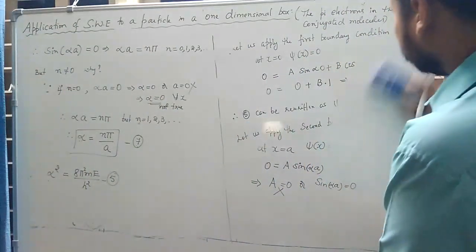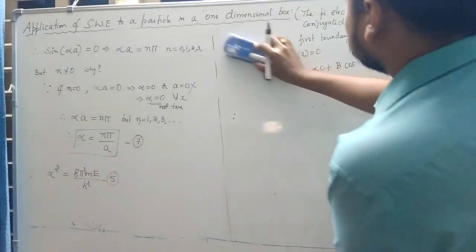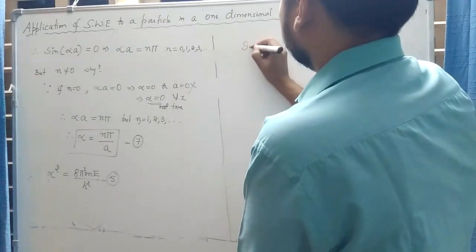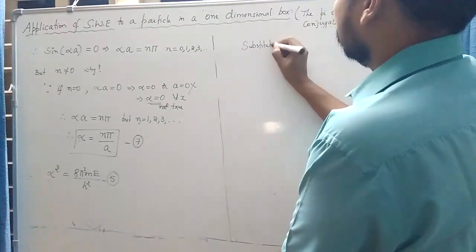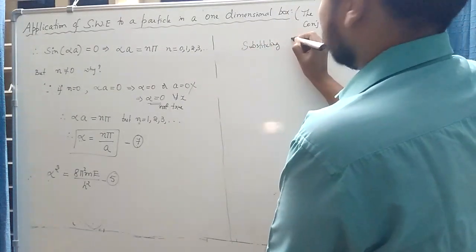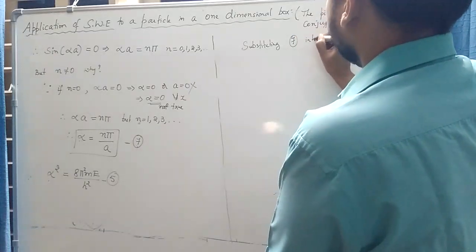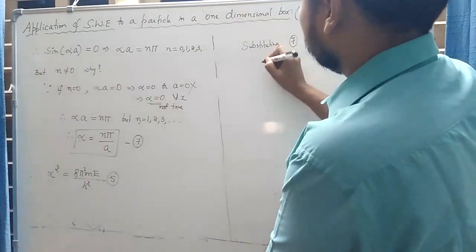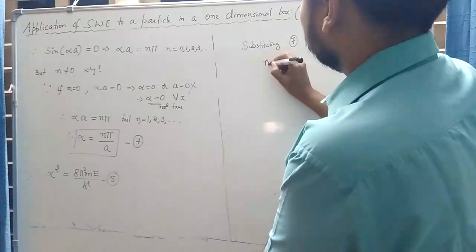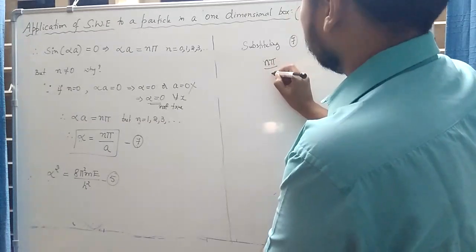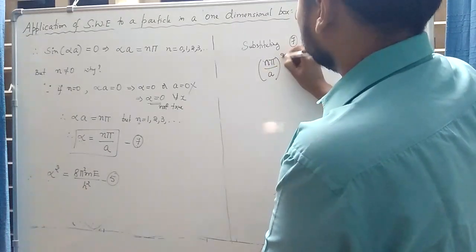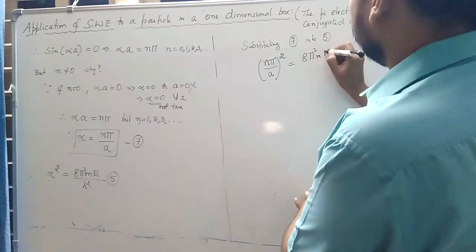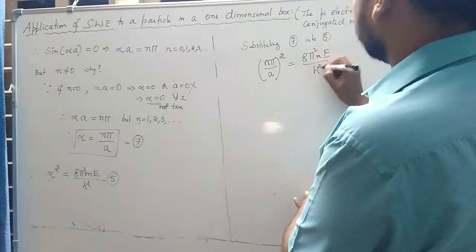Okay, so substituting equation 7 into equation 5, alpha square, n pi divided by a, this is alpha square, is equal to 8 pi square m into e divided by h square.